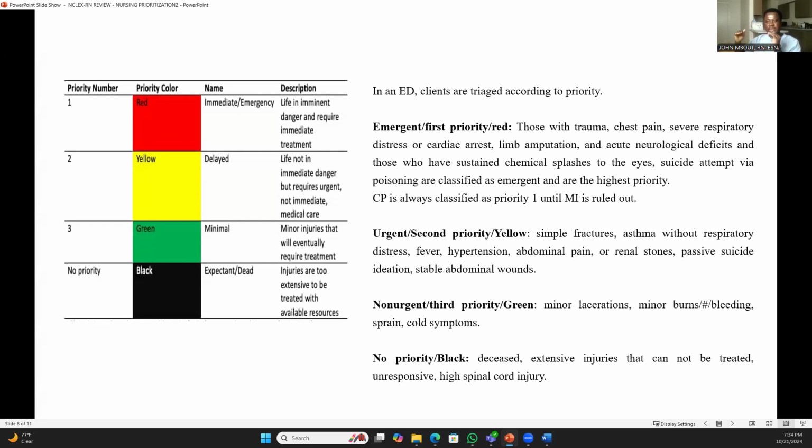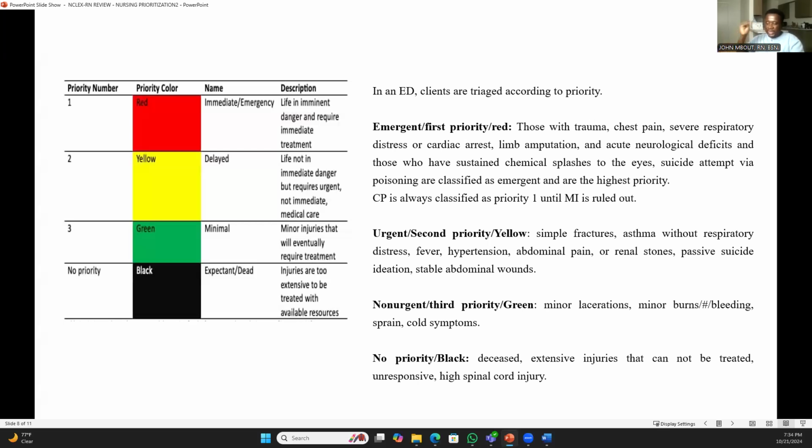The second level is yellow, called priority 2. You can delay a bit. It's called urgent. And what are these conditions? Simple fractures, asthma without respiratory distress. So the patient is asthmatic, but the patient is not presenting with asthma exacerbation. That is a patient that we can delay attending to.